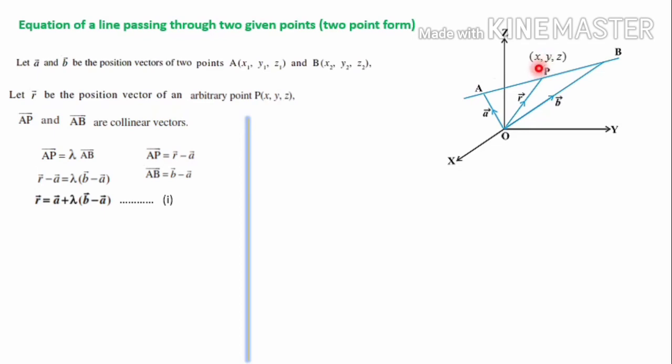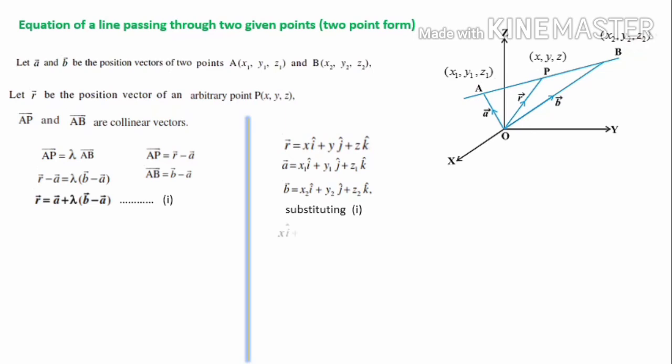For that, the arbitrary point P we have taken before as (x, y, z), the first given point is (x1, y1, z1), and the second point is (x2, y2, z2). Then vector R, the position vector of P, is xi plus yj plus zk. Vector A, the position vector of OA, is x1i plus y1j plus z1k. Vector B, the position vector OB, is x2i plus y2j plus z2k.